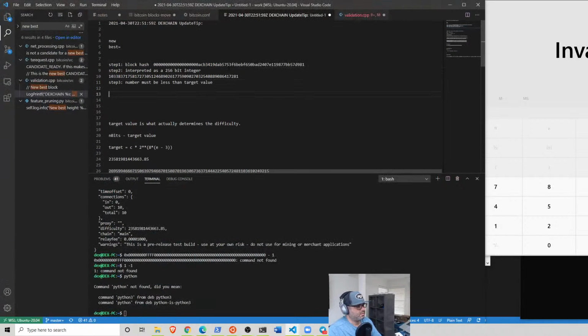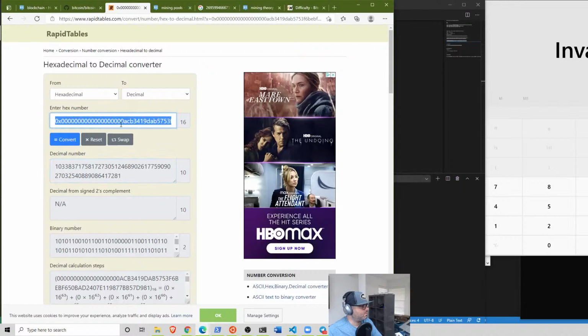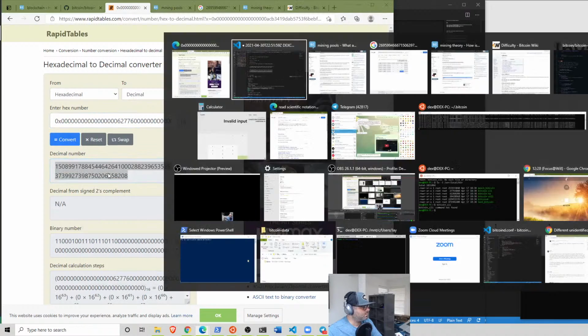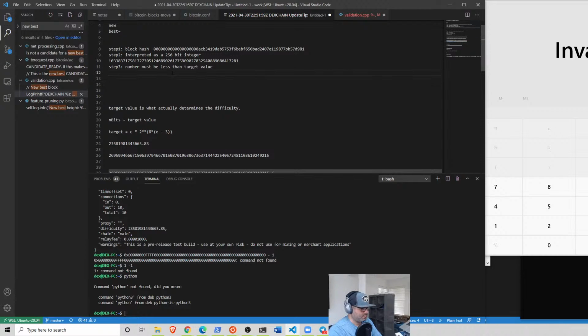It must be less than the target value. Well, let's just take this target value here and convert it. Now this number has to be less than that number.